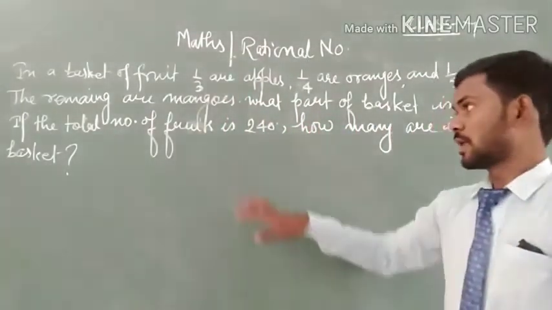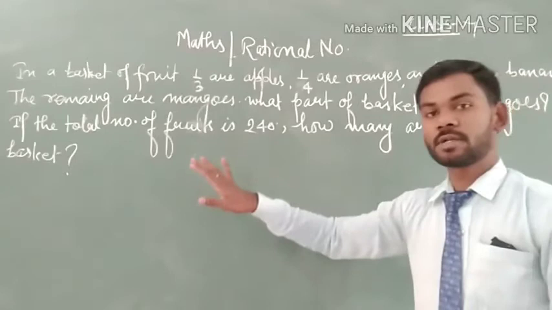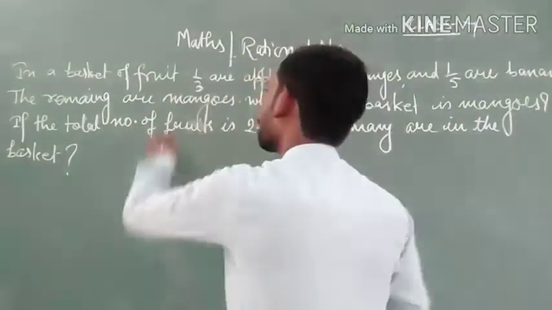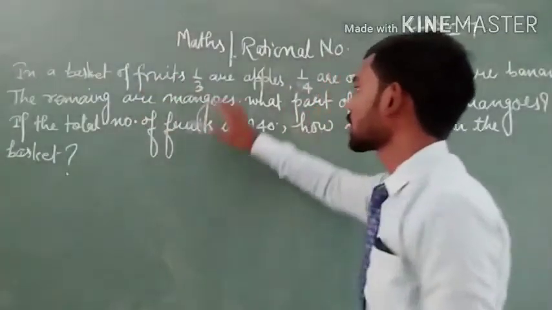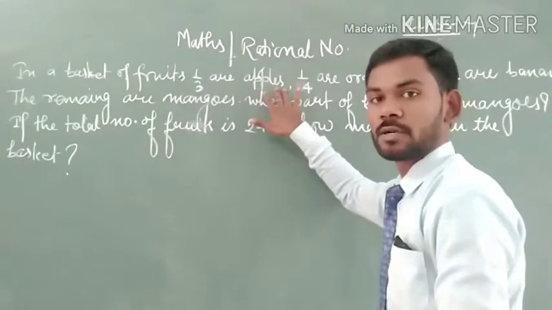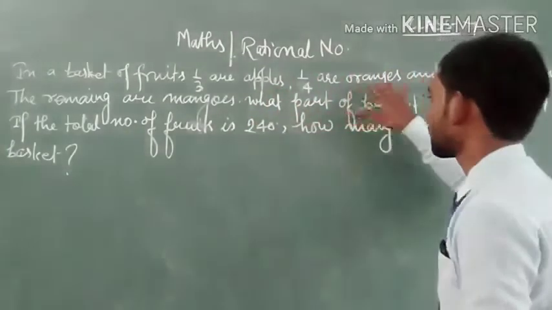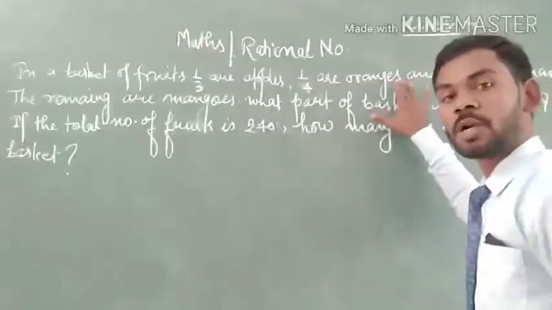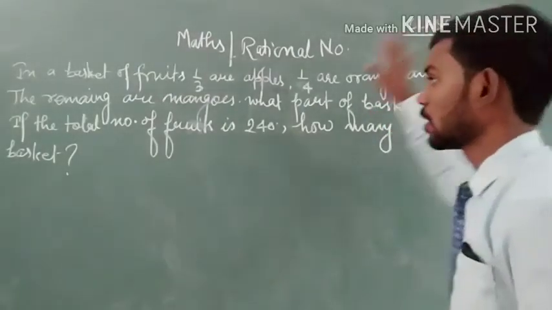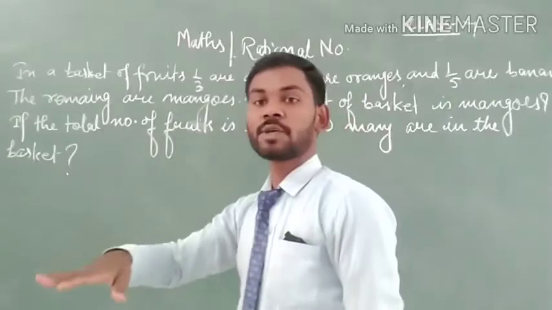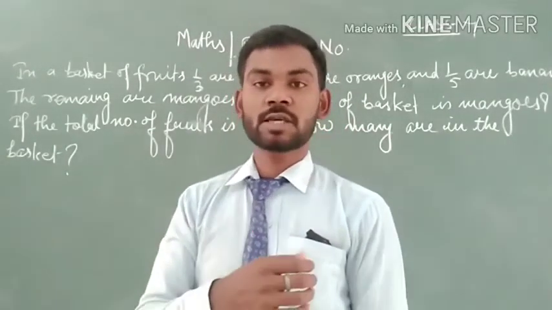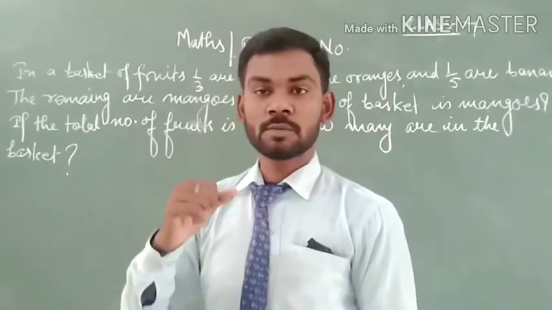Let's see the question once again. Try to understand what the question says. In a basket of fruits, 1 by 3 part of the basket is filled with apples. 1 by 4 part of the basket is filled with oranges, and 1 by 5 part of the basket is filled with bananas, and the remaining part of the basket is filled with mangoes.